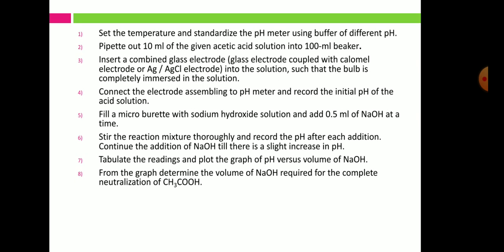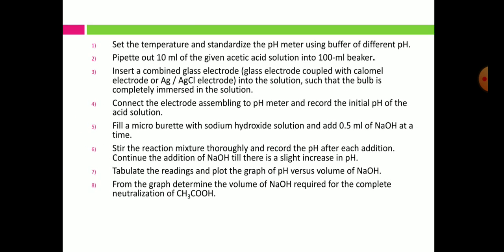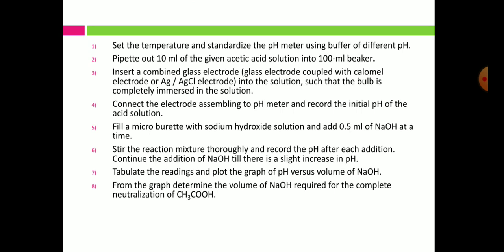We will set the room temperature with the help of the temperature knob on the pH meter, and then we will standardize this pH meter with the help of a buffer solution of 7 pH. We will dip our electrode in the buffer solution of 7 pH, and then we will see what pH our instrument is showing for that solution.